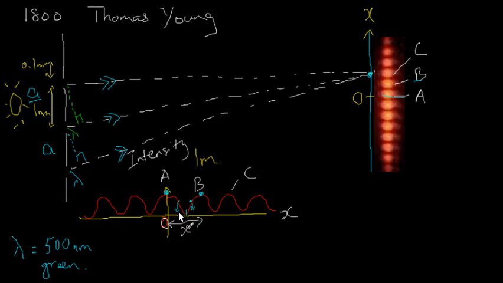So as a result, we would get less intensity around the middle between the two bright fringes. So as a result of that, okay, let me draw another graph for this.